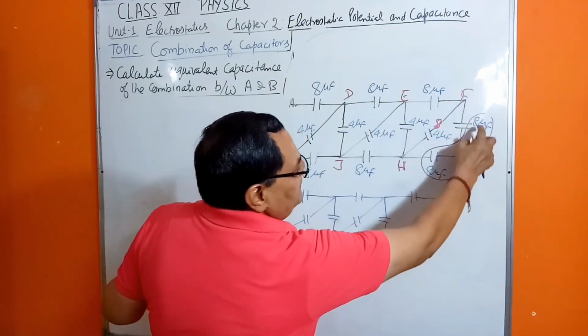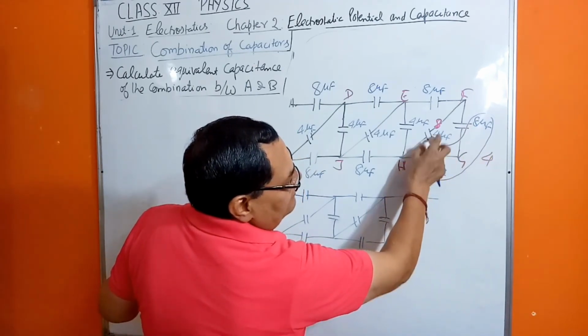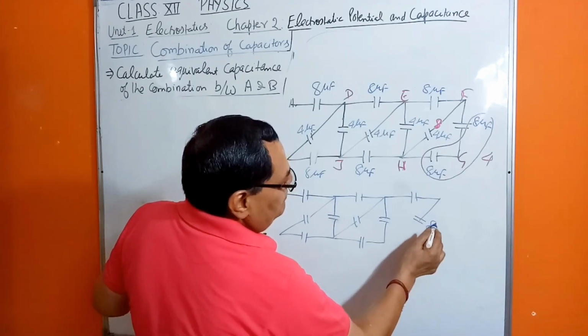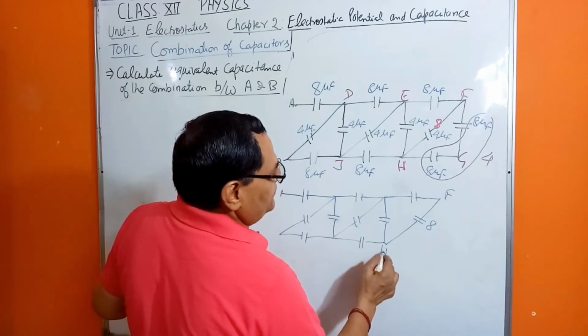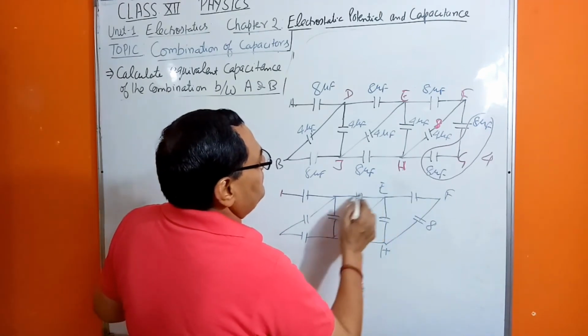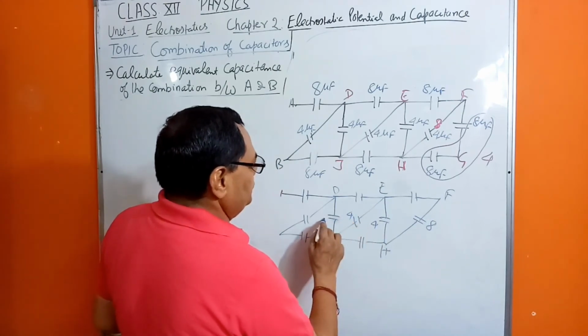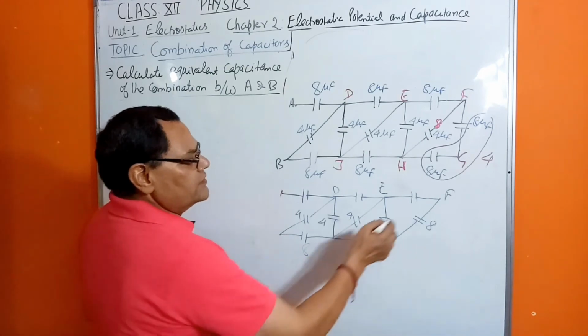So these two were in series, 4, and this 4 with this 4 was in parallel, become 8. So meaning thereby this is actually becoming 8, and this is my point F and this is H. This is E, D like this. This is the 4, 4, 4 like this, and these were 8, 8. Alright, and this is 8.